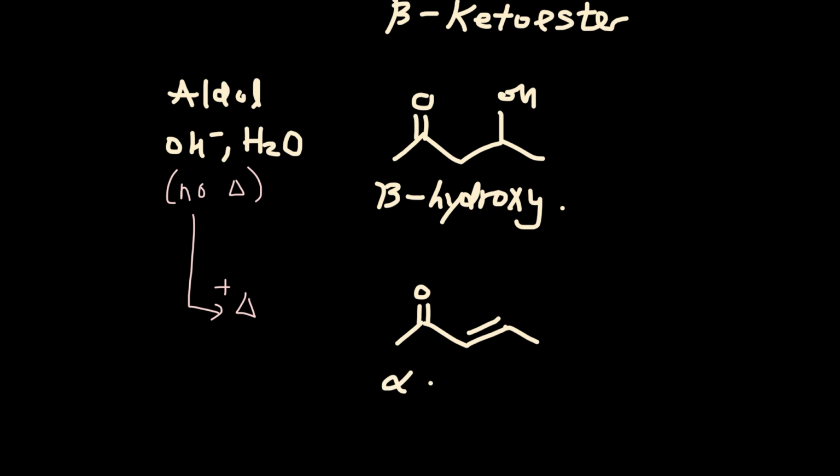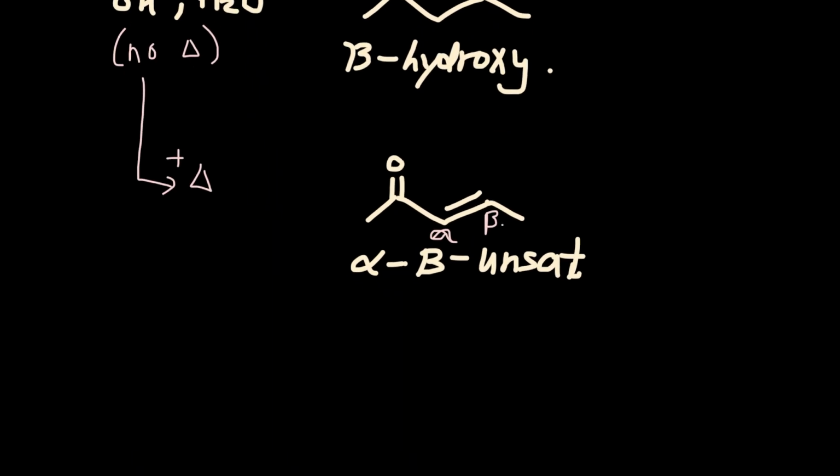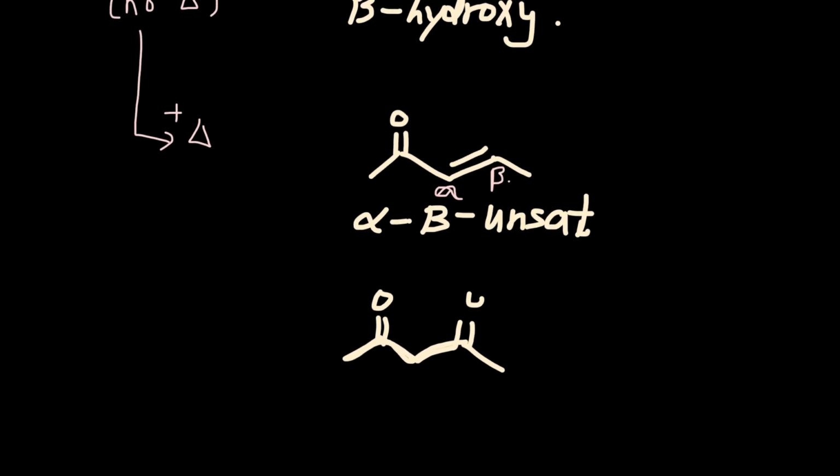This is called an alpha beta unsaturated carbonyl, because the alkene is between the alpha and the beta carbon. Here we have a dicarbonyl, but it's not an ester, nor hydroxy, nor an unsaturated.